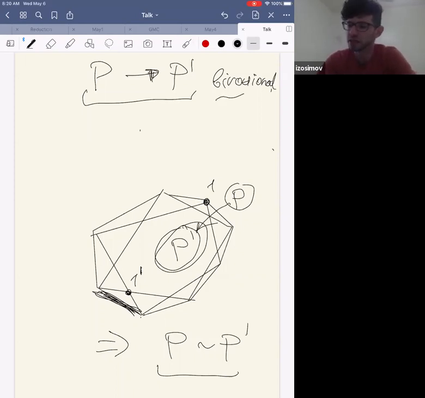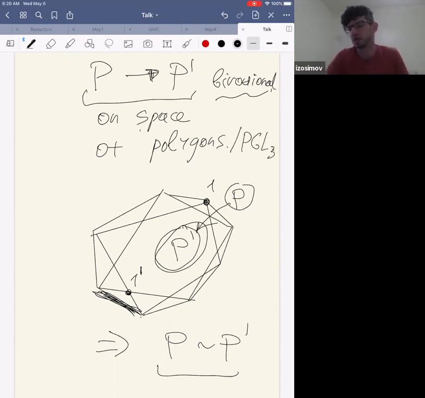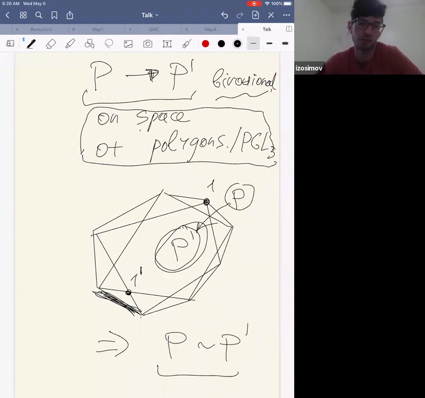And because of that, it's natural to consider this map, which sends P to P prime, on the space of polygons modulo the action of the projective group PGL3, and it's a well-defined mapping on this space of projective equivalence classes of polygons to itself, and it can also be shown that it's a birational mapping of that space to itself. And in this setting, this has the name of the pentagram map.